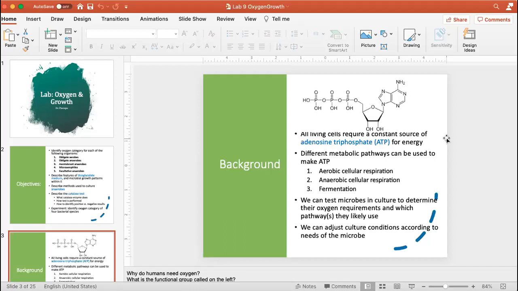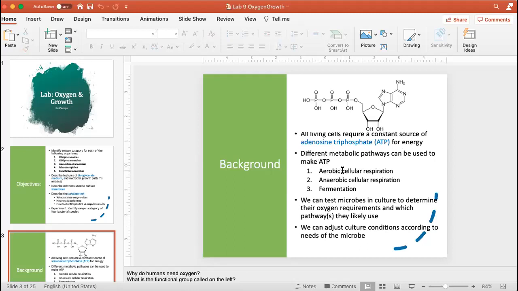So no surprise that there are different metabolic pathways available to cells to make ATP. We talked very briefly on Friday about how human beings and other animals use a pathway called cellular respiration to make their ATP. Now, there are actually two different types of cellular respiration. There's an aerobic form.